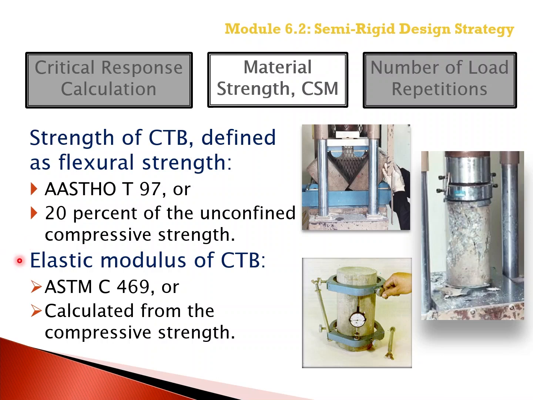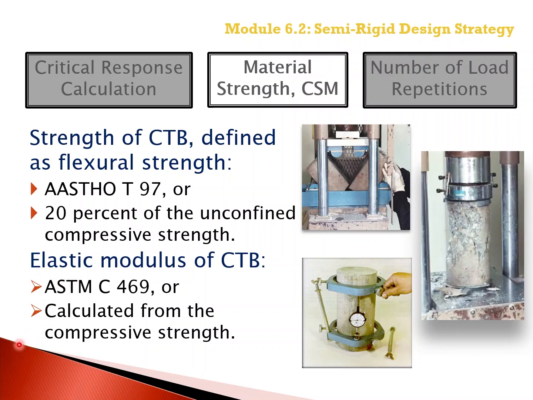The elastic modulus can also be calculated from the compressive strength. So we have values that can be measured in the laboratory for flexural strength and elastic modulus. But as the material becomes slightly weaker, but still has flexural strength, measuring those values in the laboratory becomes more difficult.